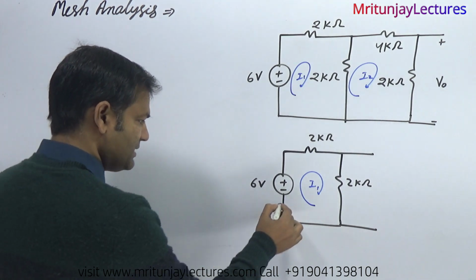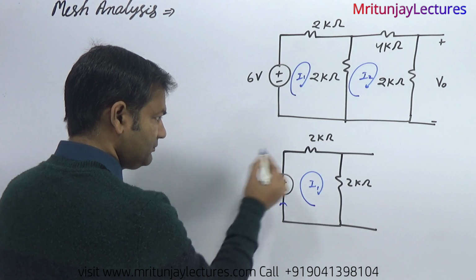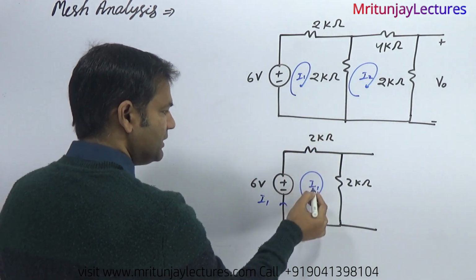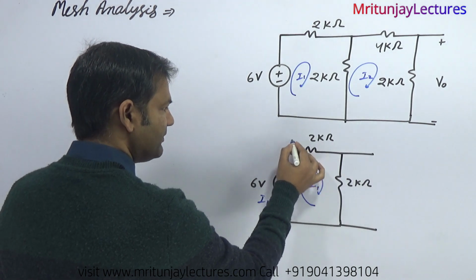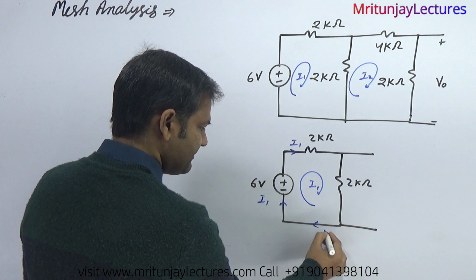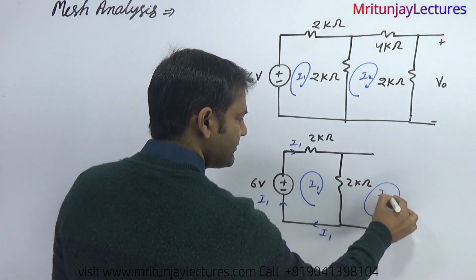So the branch current in this branch is I1. Now here no loop is available, so this loop current is also the branch current. Same thing here, but here I2 current flows.